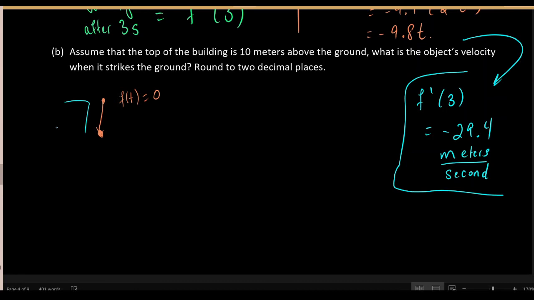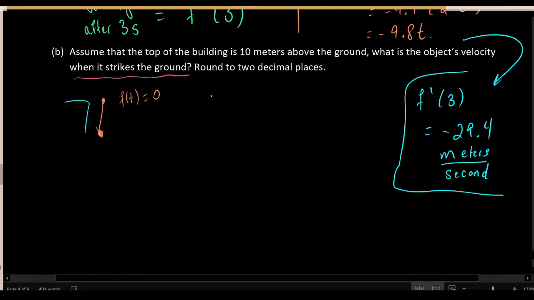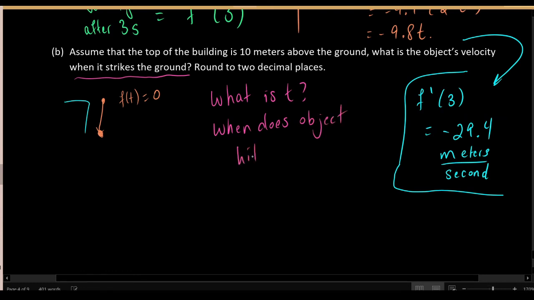But in part B, we're asked for the velocity at some currently unknown time, whatever time the object hits the ground. So the first thing I'm going to try to figure out, based on the given information, is the value of t. When does the object hit the ground?